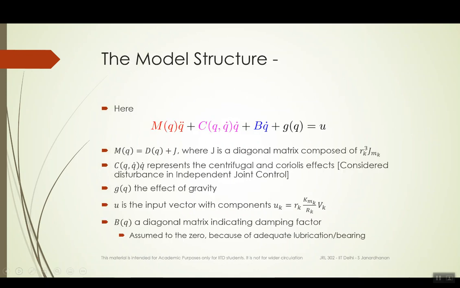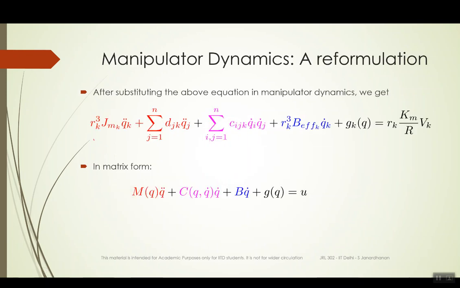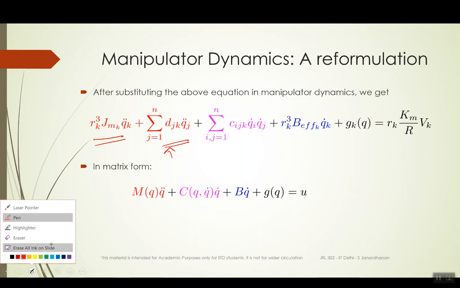Okay, so you have something like this now, and just to explain the terms again, this M of q is the diagonal matrix of J, which was this one, plus the inertia matrix that you got from the manipulator model, that is the Euler-Lagrange model of the manipulator.